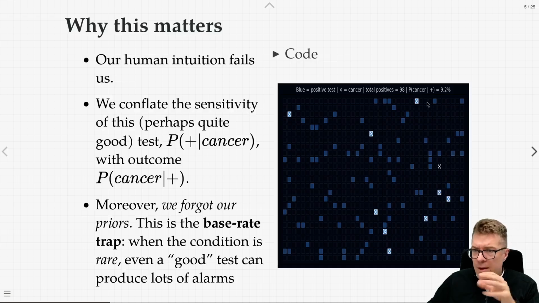But you can compute this yourself: the probability that somebody has cancer given that the test comes back positive, so in all these shaded regions, how many actually have cancer? That's only about 9.2% of the time. So this is a bit of an issue, and this is the result of our misconceptions about statistics.